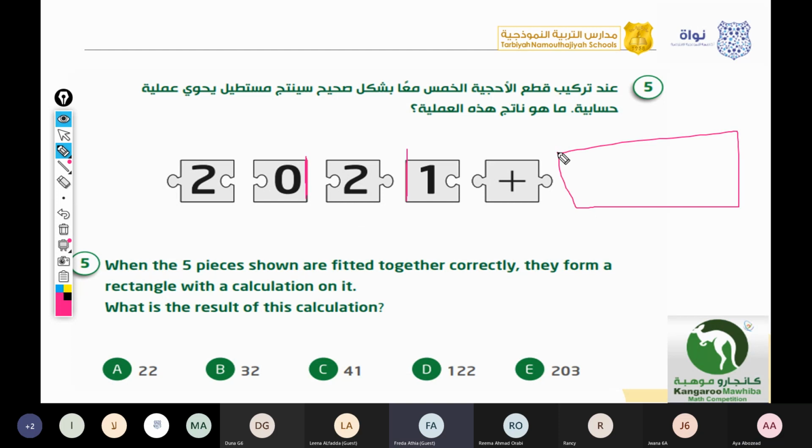Teacher, I'm drawing the rectangle, but maybe a problem in the internet made me late. Now I've drawn the rectangle, and I see one piece without this curve, and this one is without this curve. So of course, one will be the last, and one will be the first, right, Farida? Yes. Super. Which one will be the last, and which one will be the first?